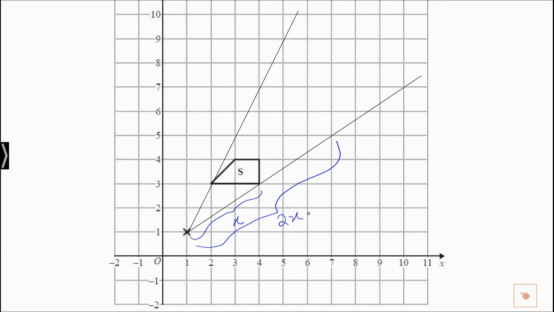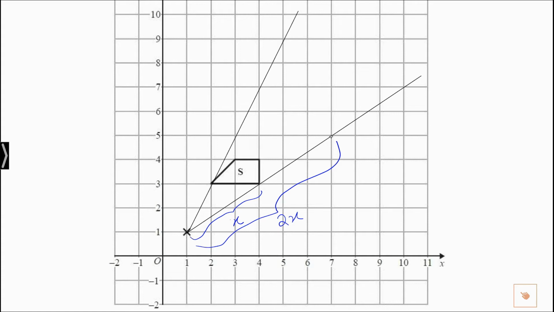Okay? So that's what it means by scale factor of 2. So scale factor of 2 means that the distance from the center of enlargement to the new shape should be twice the distance from the center of enlargement to the original shape.